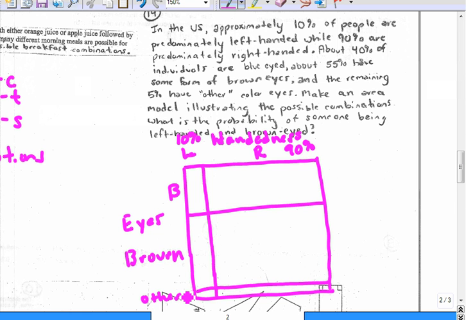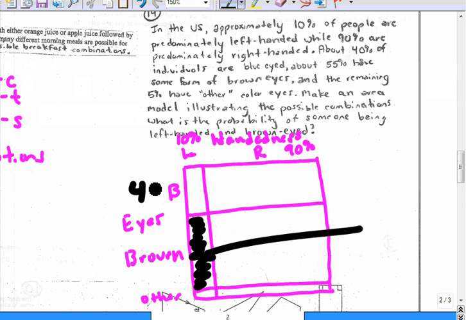And we want to know the probability of someone being left-handed and brown-eyed. So left-handed and brown-eyed, we want this one right here. So what is that probability? Well, blue eyes was 40%, brown eyes was 55%, other was 5%.